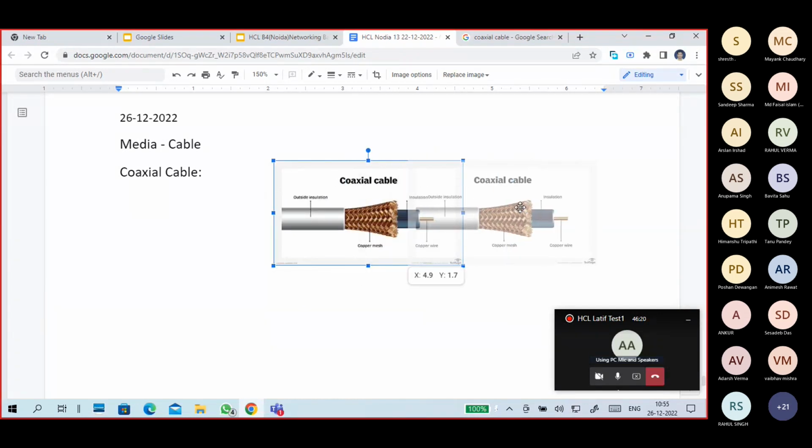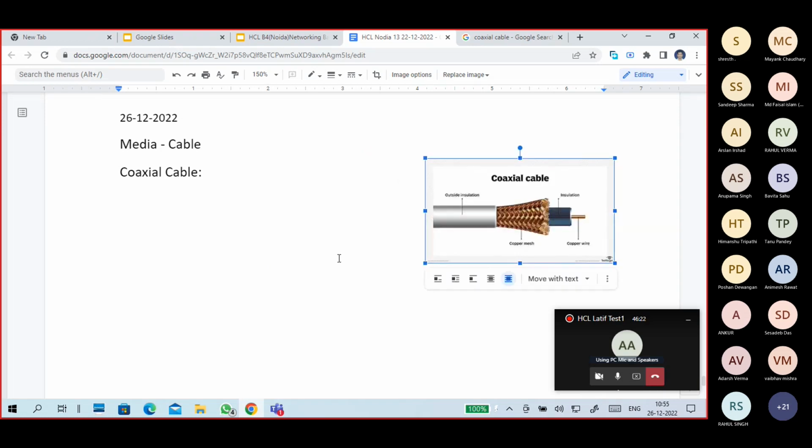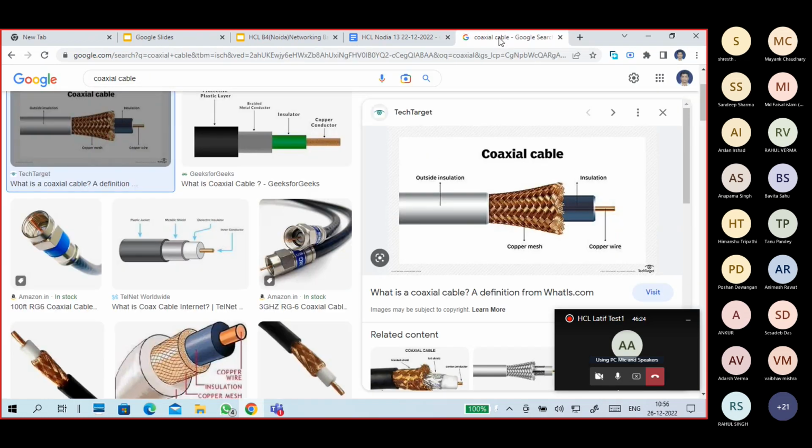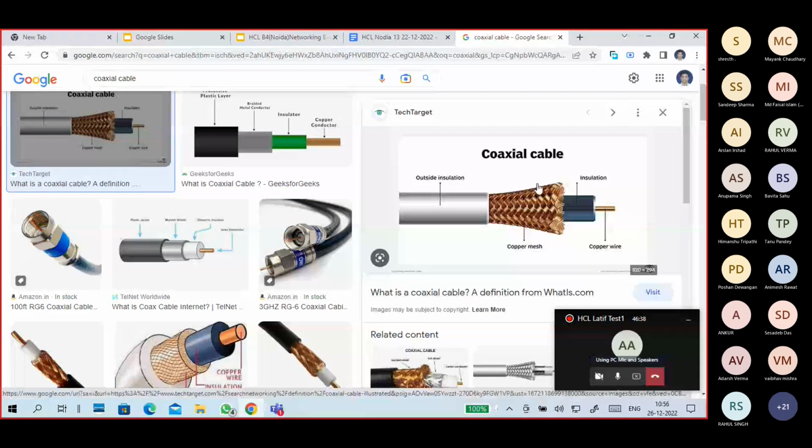What is the use of this copper mesh? You know, there is electromagnetic interference. Electromagnetic interference means, like, you are getting mobile phone signal now, right? Your Wi-Fi signal, mobile phone signals, these are all because of electromagnetic waves.